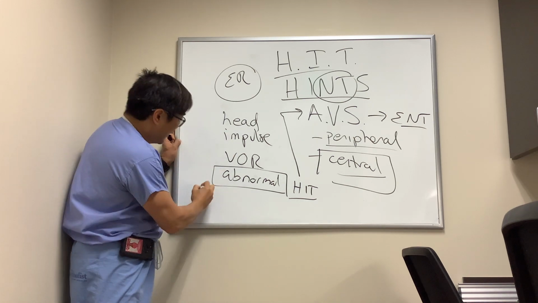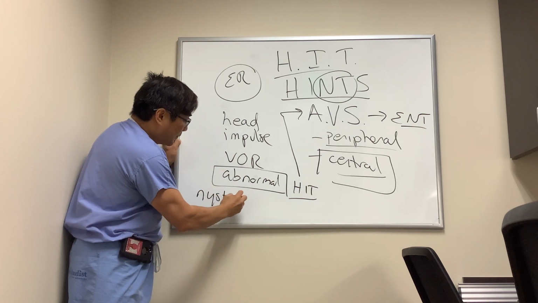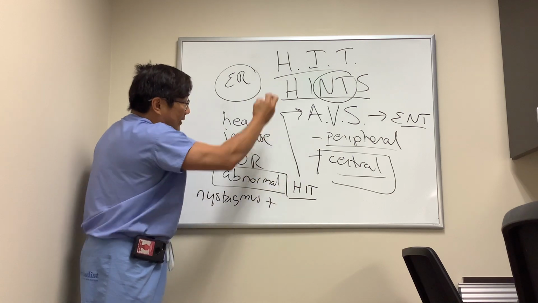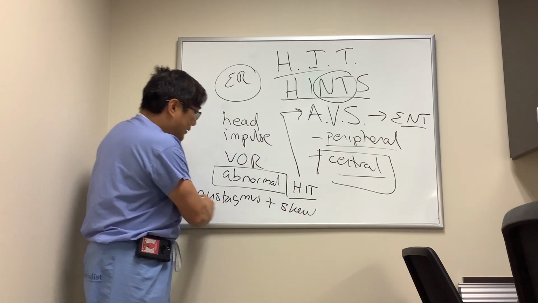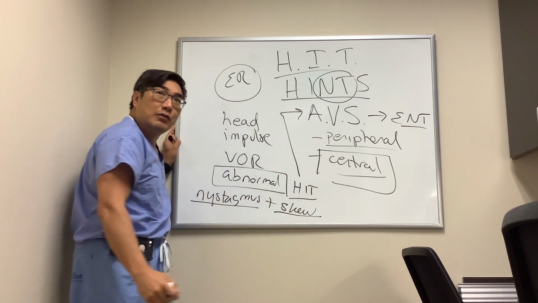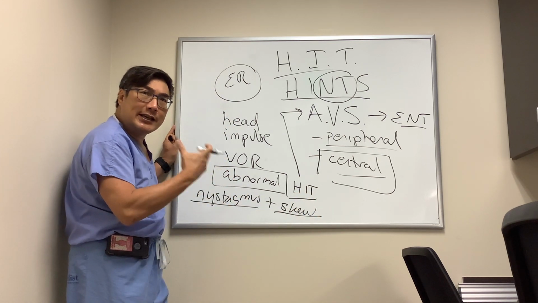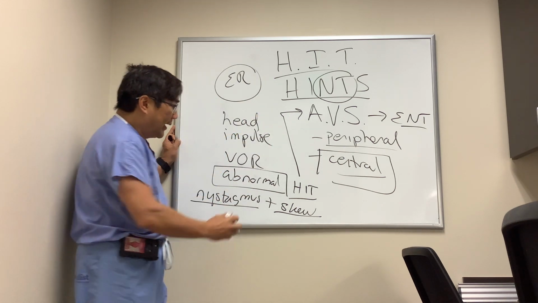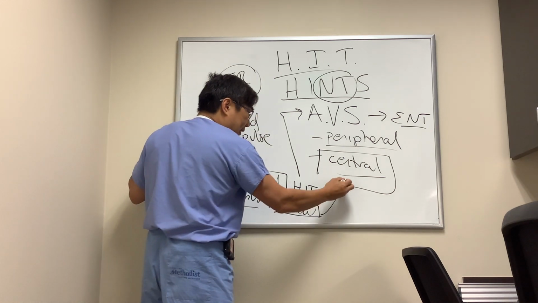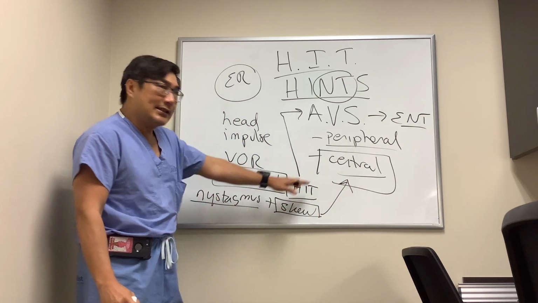And the HINTS is testing for nystagmus, and you have to test for skew deviation. So the presence of nystagmus and skew are what the ophthalmologist in the ER needs to know about an acute vestibular syndrome. And the reason it's important is these findings suggest that it's central.